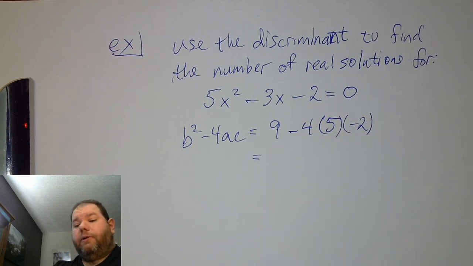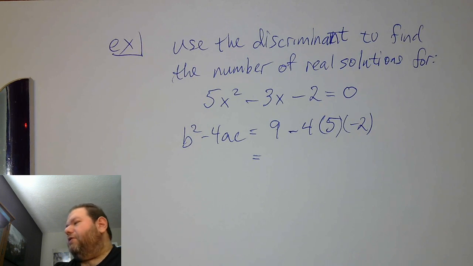So what does that work out to be? Negative 31. Positive. We have some conflicting answers. Very conflicting answers, which is okay.